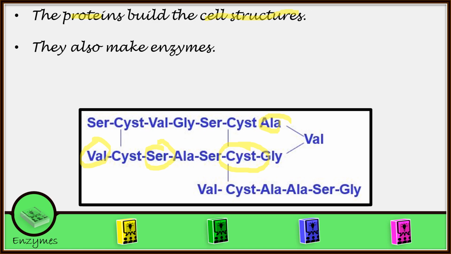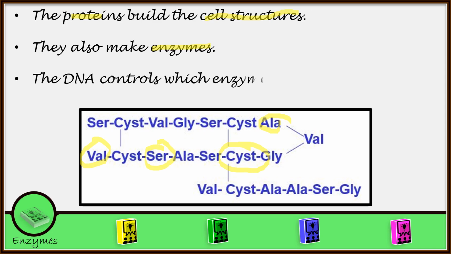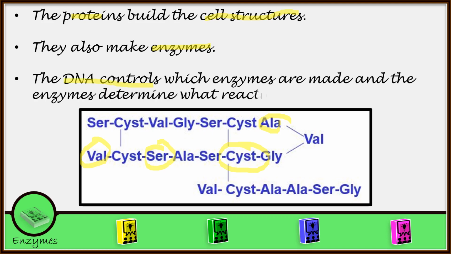Proteins also make enzymes that are going to be used in the cells. The DNA controls which enzymes are made, and the enzymes determine what reaction takes place in the cell.